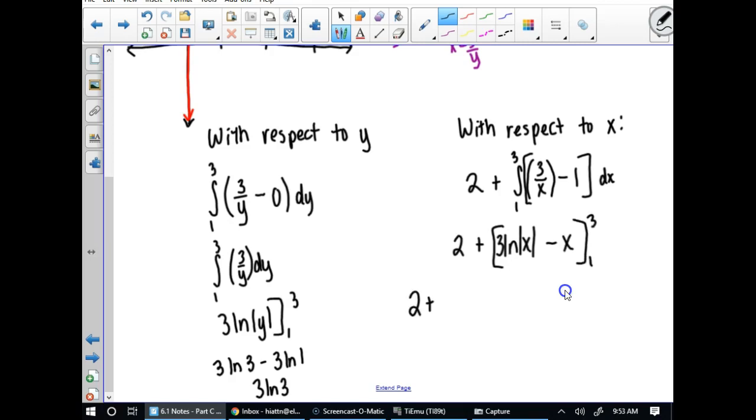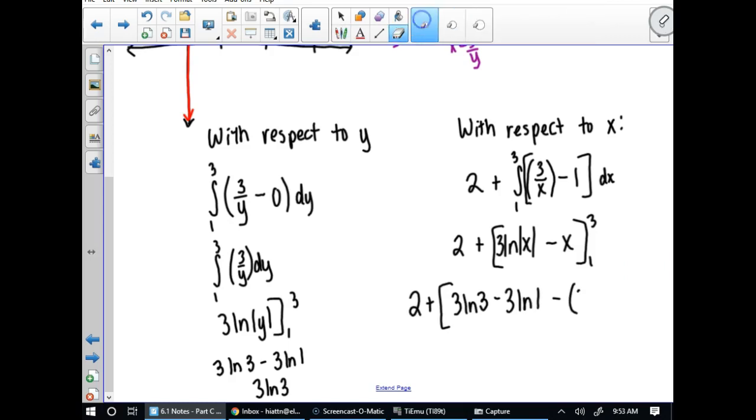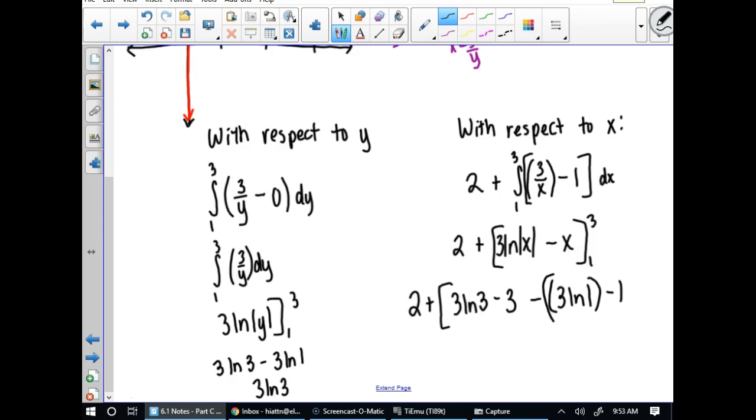We'll have 2 plus 3 natural log of 3 minus 3, minus 3 natural log of 1 minus 1, that is parentheses there.